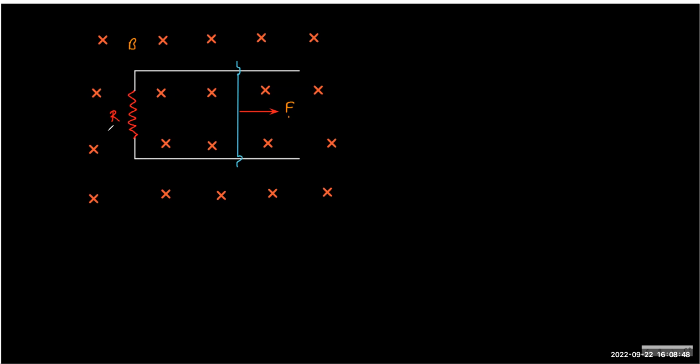So the end goal is to find the terminal velocity, but the first goal is how to proceed with this question. So at t equals 0, we believe that v is 0. So we start from rest. So at the very beginning, we don't have any EMF. Okay.